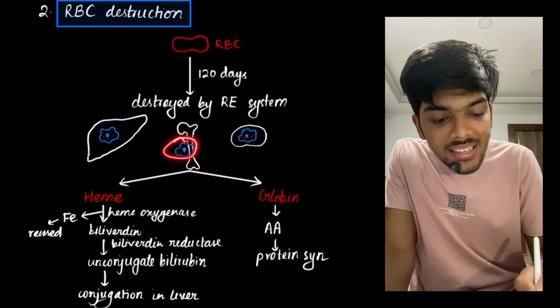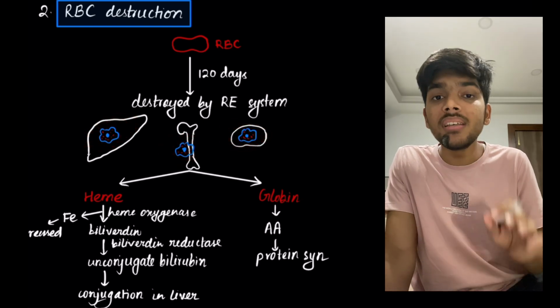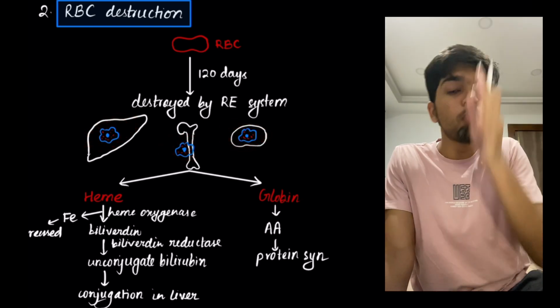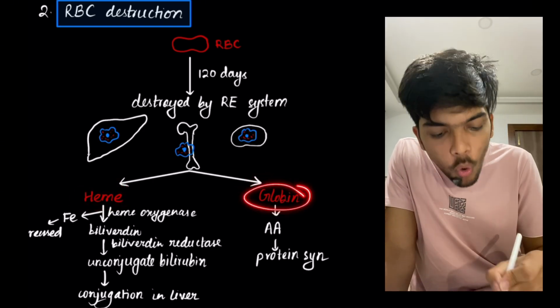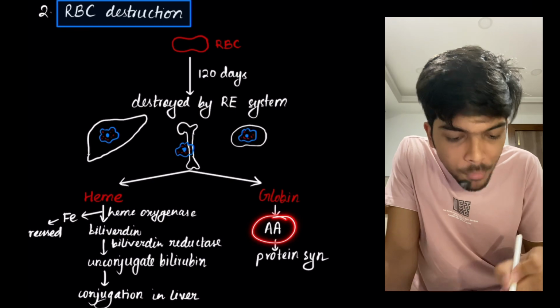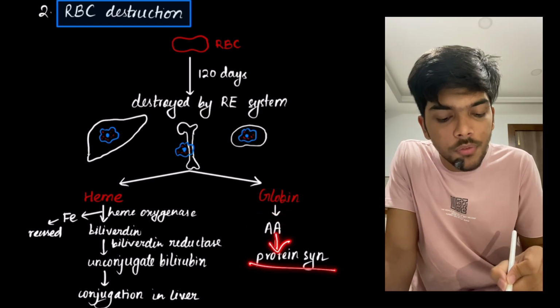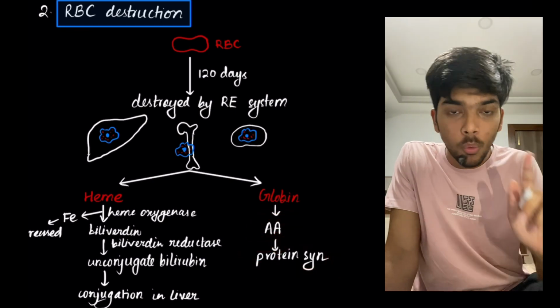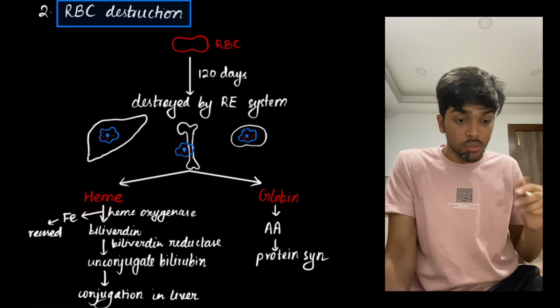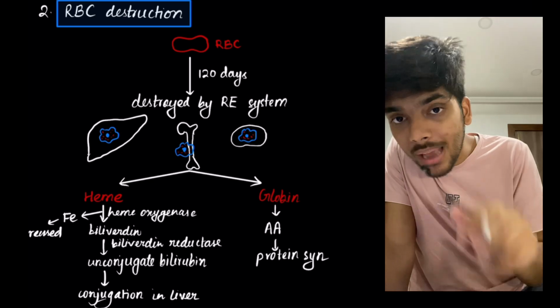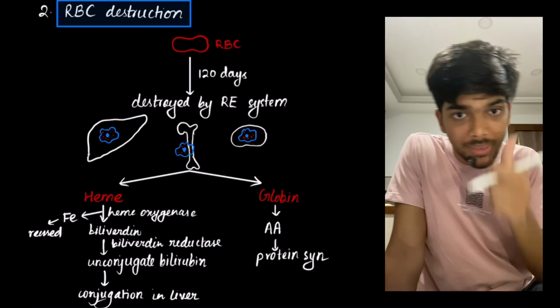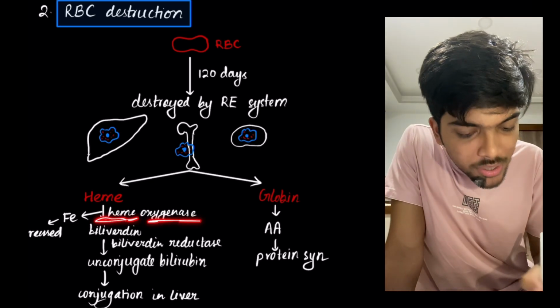Then inside these macrophages, RBC hemoglobin gets broken down into its two components, heme and globin. Globin gets further broken down into amino acid, which is reused for the formation of protein. Now what about heme? Heme gets acted upon by enzymes present in the macrophage. There are two major enzymes. Enzyme number 1, heme oxygenase.